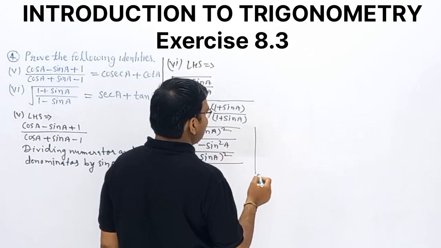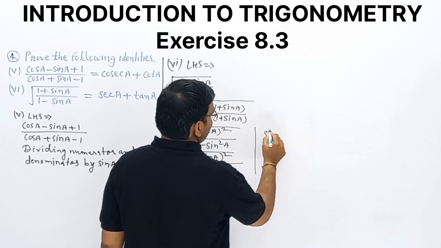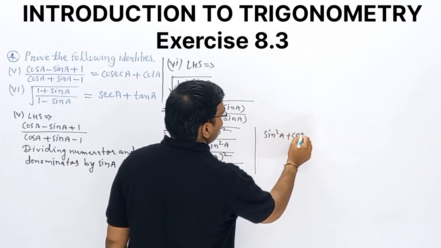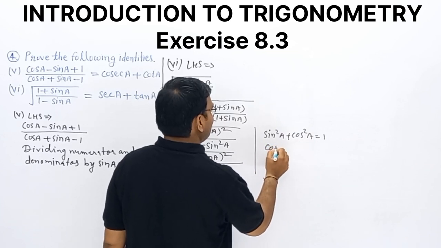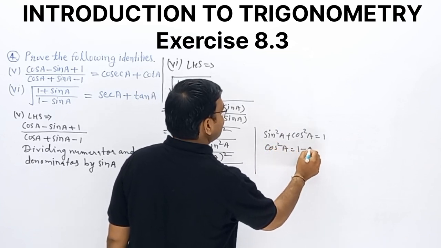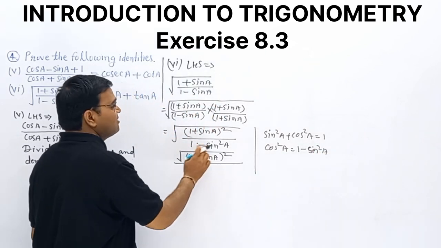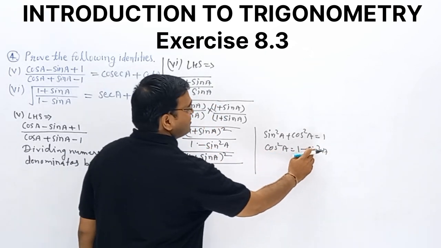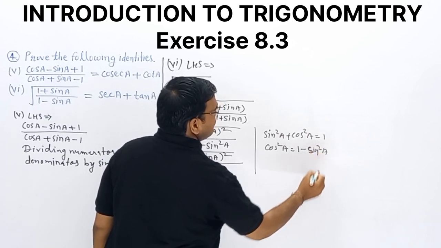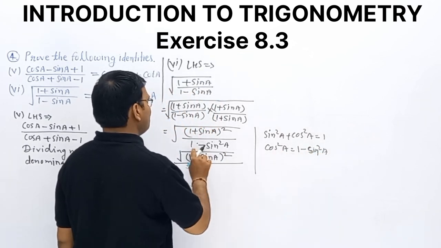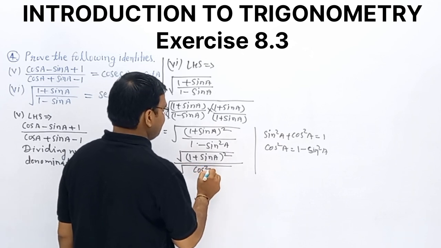We are having one trigonometric identity: sin square A plus cos square A is 1. So we can say cos square A equals 1 minus sin square A. So 1 minus sin square A can be written as cos square A. At this place we are writing cos square A.